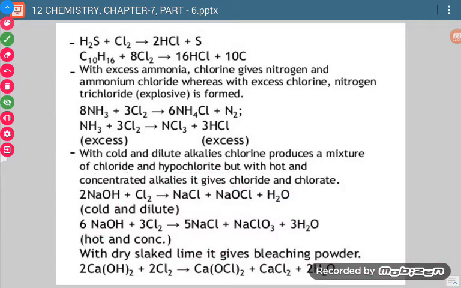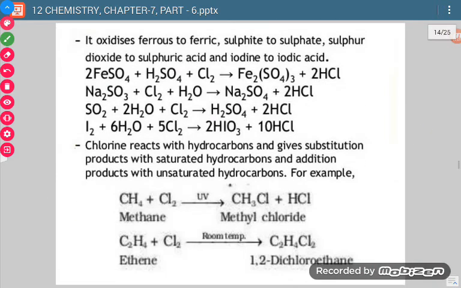Now it oxidizes ferrous to ferric. See, ferrous sulfate changes to ferric sulfate by the action of chlorine.